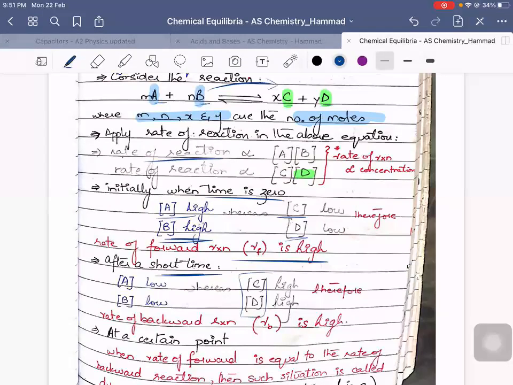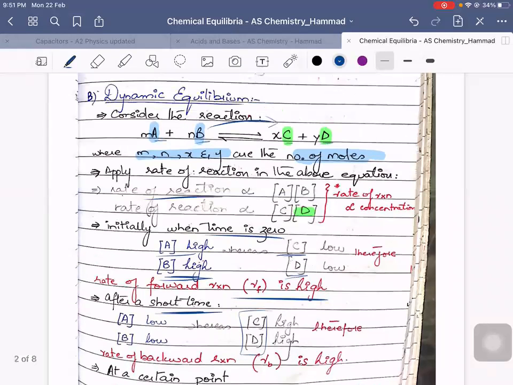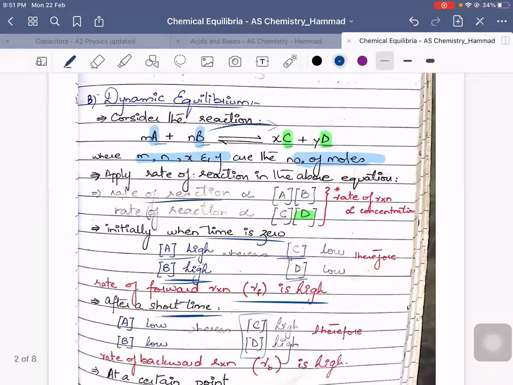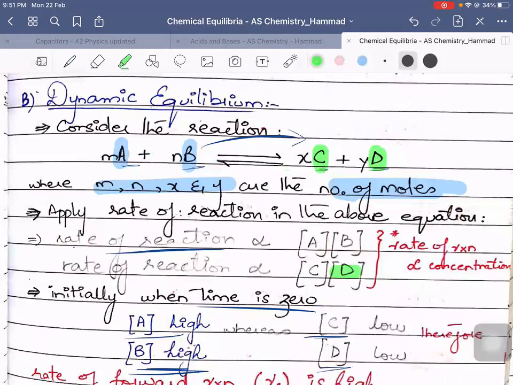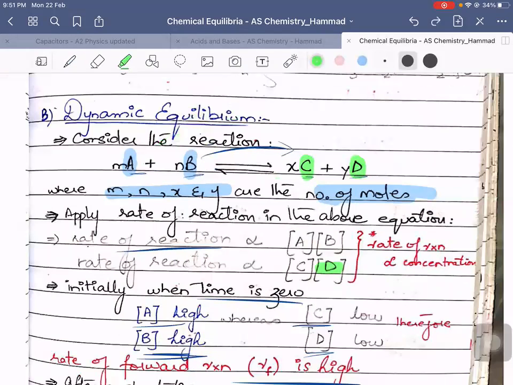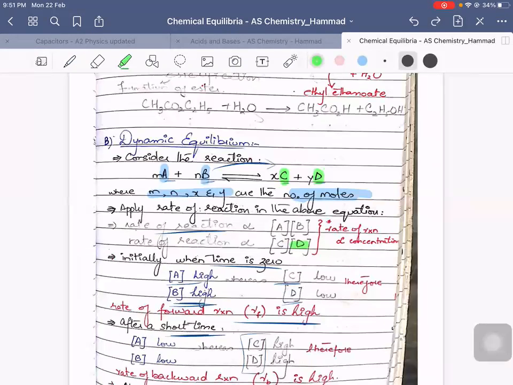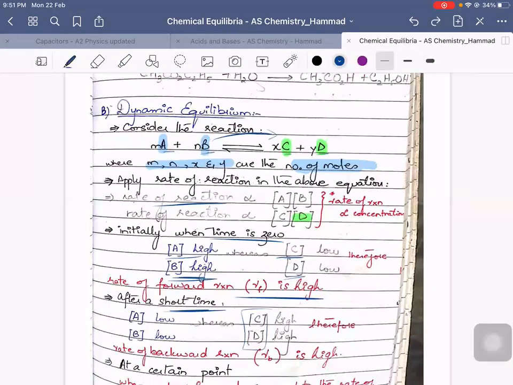There comes a point, let's say, when your reactants are converting into products and products are converting into reactants. Don't you think there will come a point when your rate of forward reaction is equal to the rate of the backward reaction?